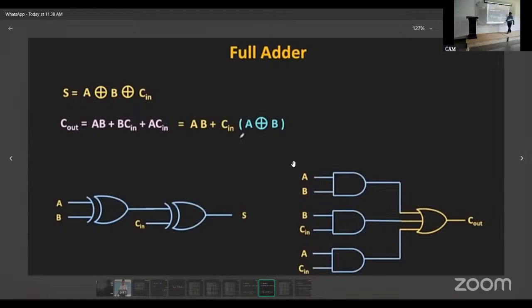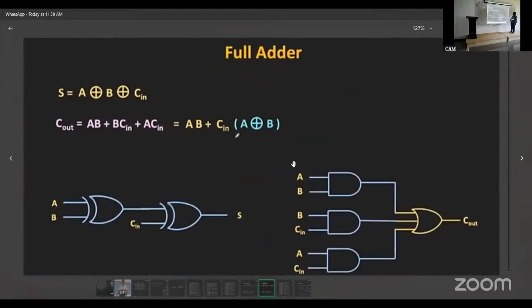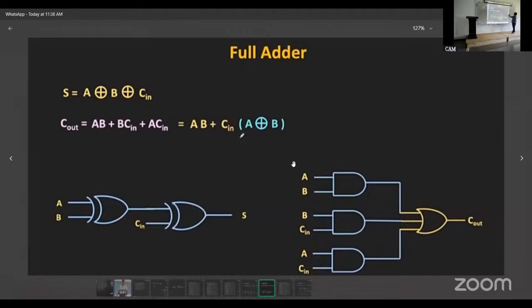This is the circuit diagram of sum. You can combine both circuit diagrams to implement a single circuit diagram, which is known as the full adder circuit diagram, which can be drawn like this. A is here, B is here, C is here. Draw three inputs like this.